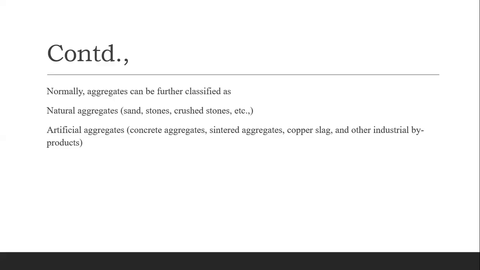Copper slag is one of the byproducts from the copper manufacturing unit. Similar to your GGBS, during the steel production process, slag comes out, which is called ground granulated blast furnace slag. In the case of a copper production unit, some amount of glassy slag comes out, which we call copper slag. But the density range between the steel slag and the copper slag is quite different.